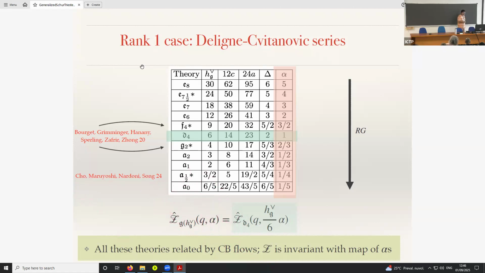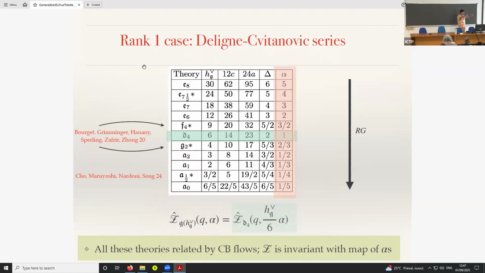Okay, but one gets all these results, and then there is this more general statement: take any theory which sits on this sequence, called the Deligne-Cvitanovic sequence. Compute this generalized Schur index as a function of q and alpha, and any other theory is encoded in this generalized Schur index just with another value of alpha.